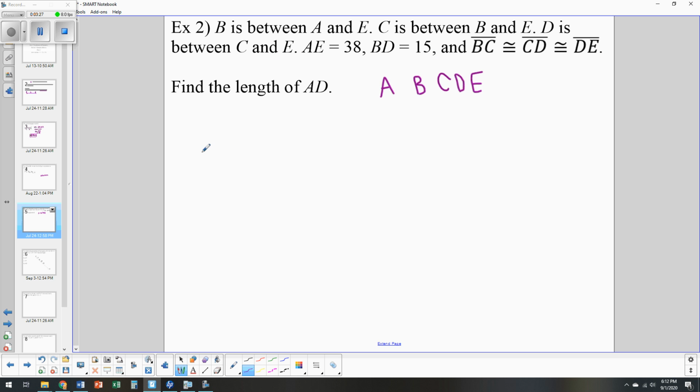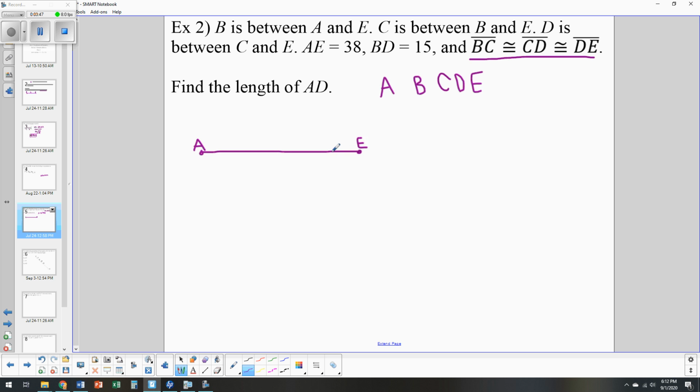So I'm going to go ahead and draw my segment, starting with A and E at the ends. They're going to tell me two measurements, but they also tell me this right here. Segment BC, segment CD, and segment DE are all congruent.